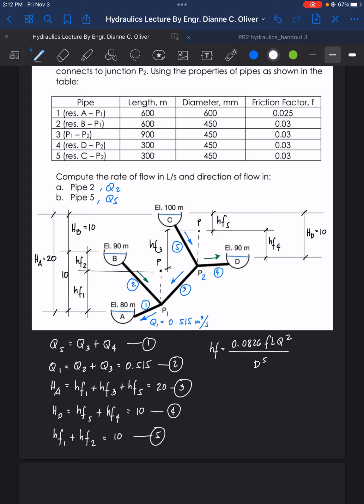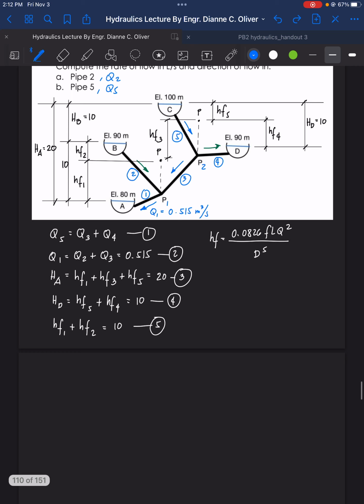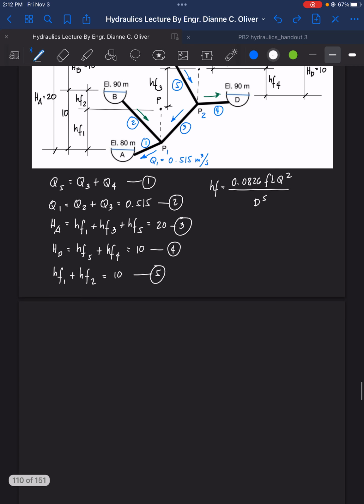It's from equation 5. If we get the value of HF1, we can now get the value for HF2 and solve for Q2. Now since Q1 is already given, 0.515, we can now get the value for HF1.